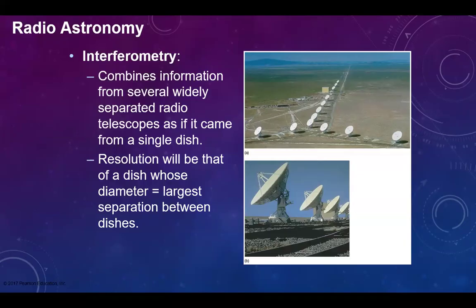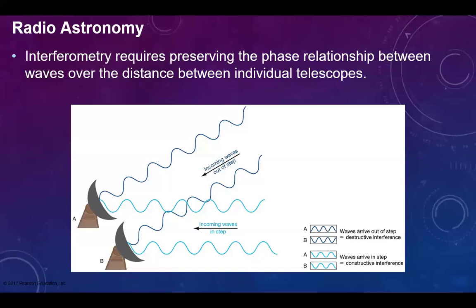By combining information from several widely separated radio telescopes, it'll act as if it came from a single dish, and the resolution will be that of a dish whose diameter was equal to the largest separation between the dishes. It acts like one giant telescope. Interferometry requires preserving the phase relationship between waves over the distance between the individual telescopes.